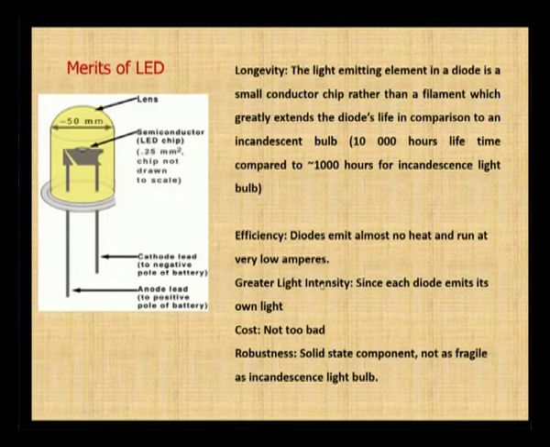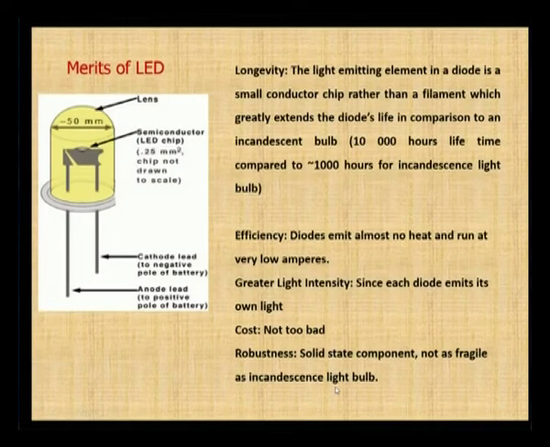So it has a greater light intensity, and diodes emit almost no heat and run at very low amperes. So it requires very little voltage to operate and operates at very low current. That is why it is called efficient. It is not too costly also, and it is robust, since solid state components are not fragile like incandescent light bulbs. So these are the merits of LED.